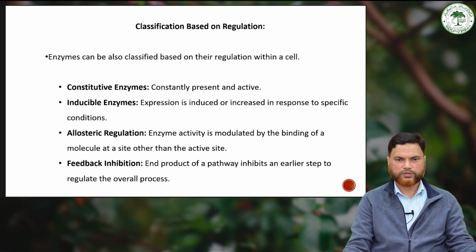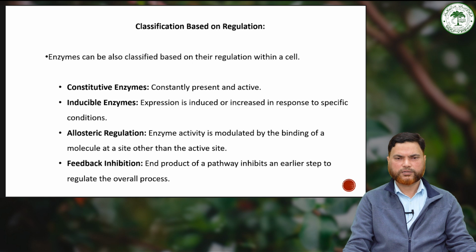The term allosteric originates from the ancient Greek words meaning other solid objects, referring to the physical separation of the allosteric site from the active site of the enzyme. Basically, allosteric regulation is a prime example of how cells fine tune their biochemical activities in response to various environmental stimuli.